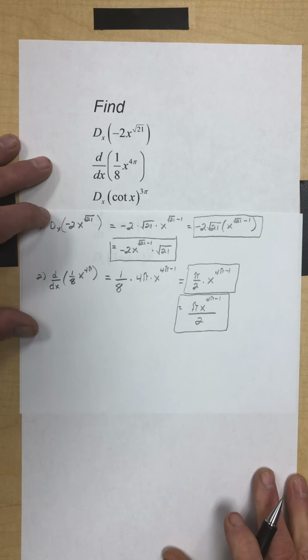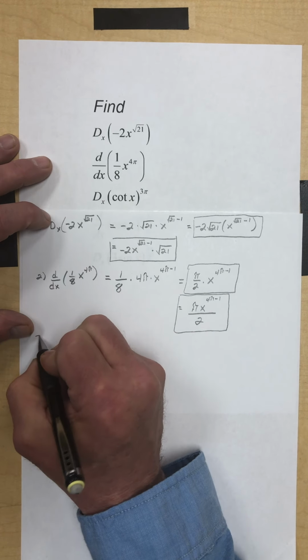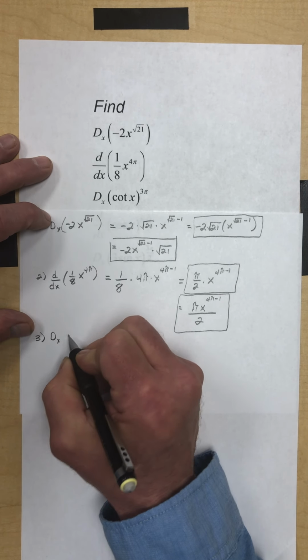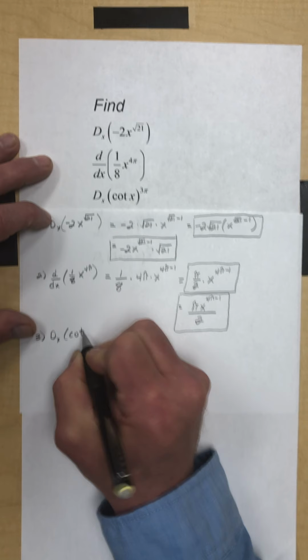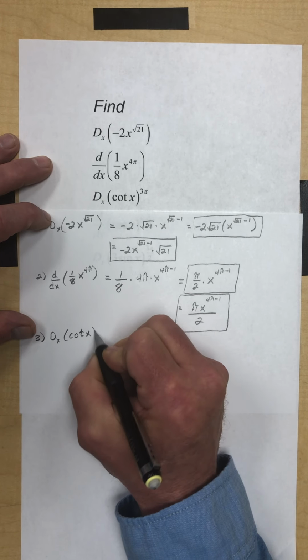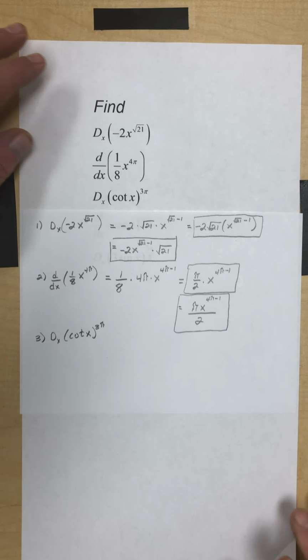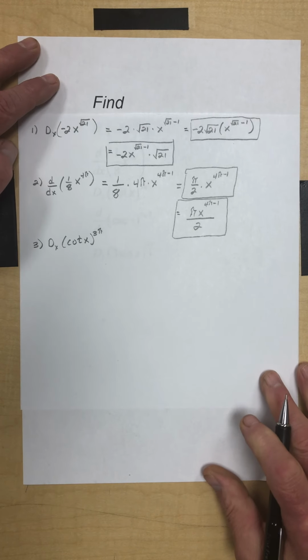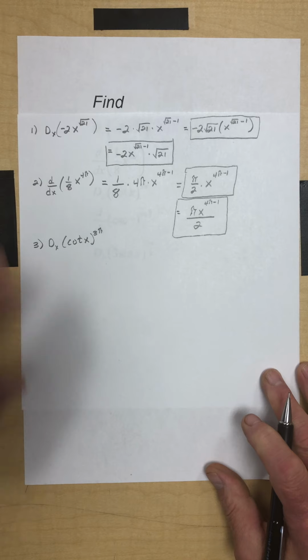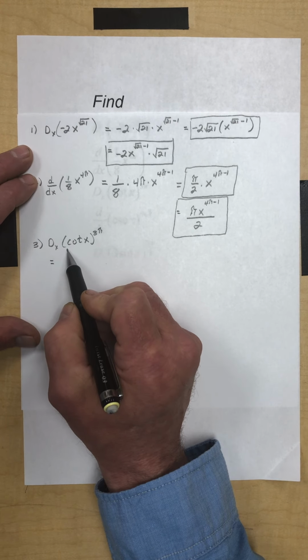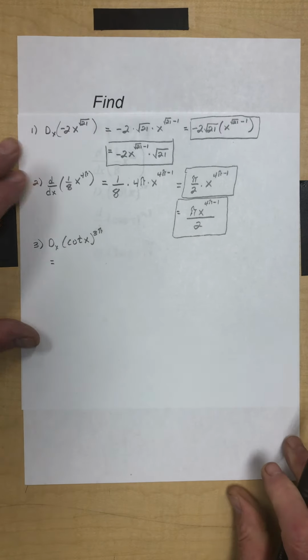Let's see what's going on with this one. So this third one down. We're taking the derivative of cotangent of x to the 3 pi power. Okay, so this one is a little bit different. The reason is, notice that our x now has become this quantity.